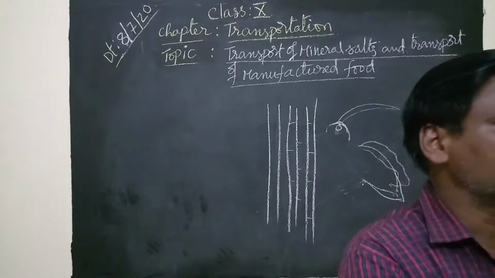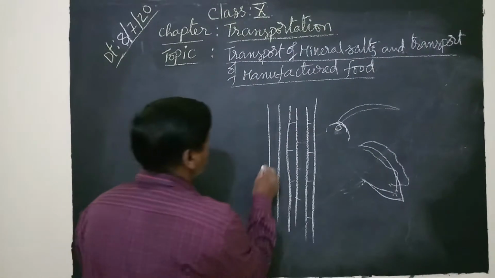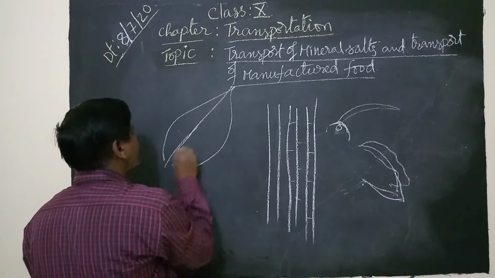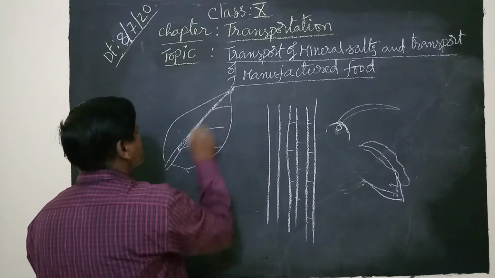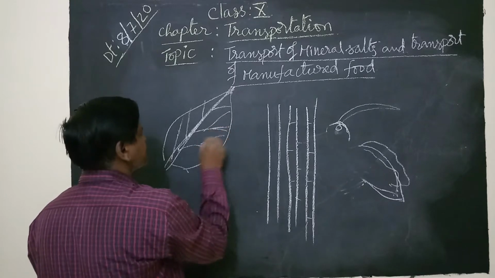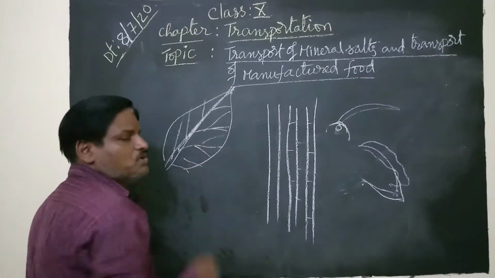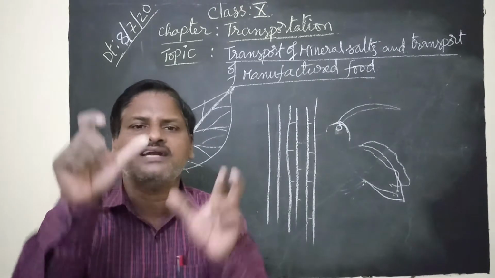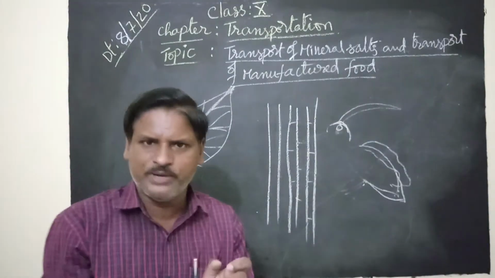And if you take a leaf, in the leaf this is the midrib, and to the midrib, small veins are attached. To the veins also, veinlets are there. In the midrib, in the veins, in the veinlets, xylem vessels are there, phloem vessels are there. This is totally called a vascular bundle. So in the vascular bundle, xylem tissue is there, phloem tissue is there.